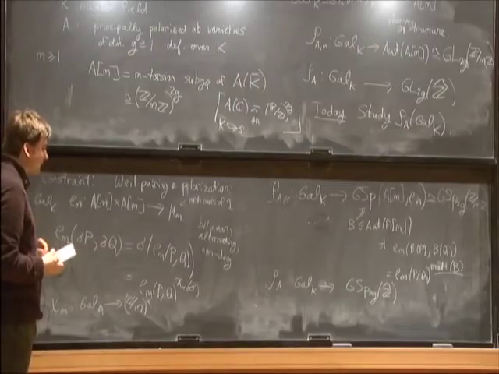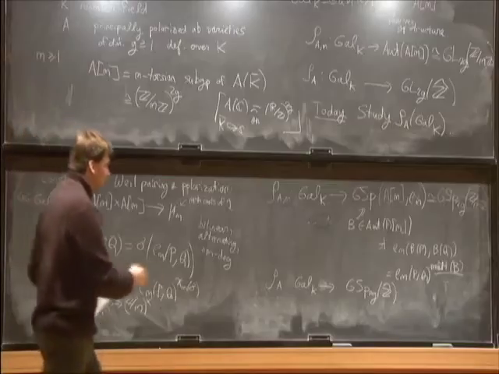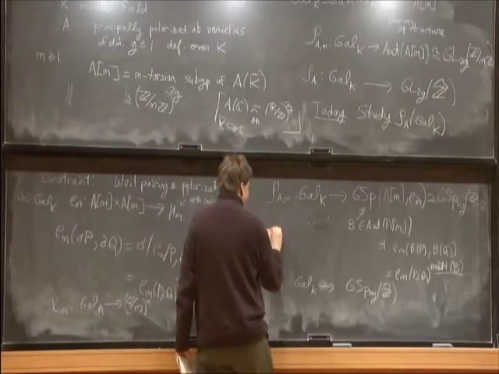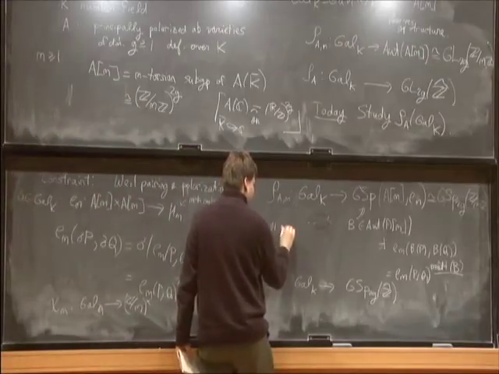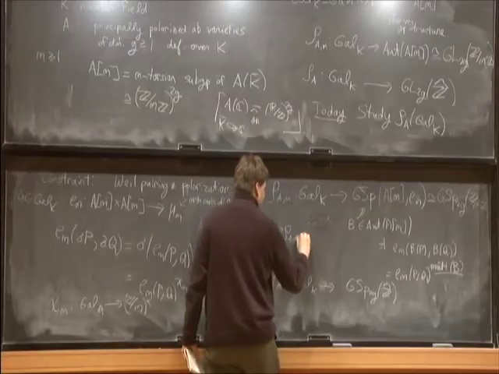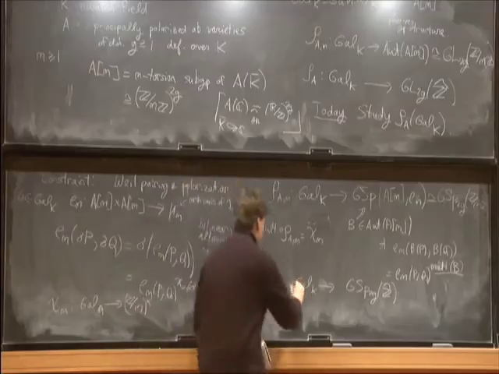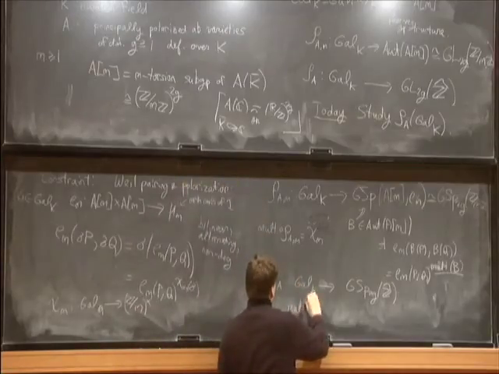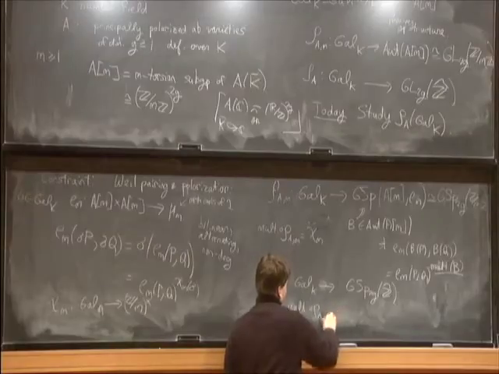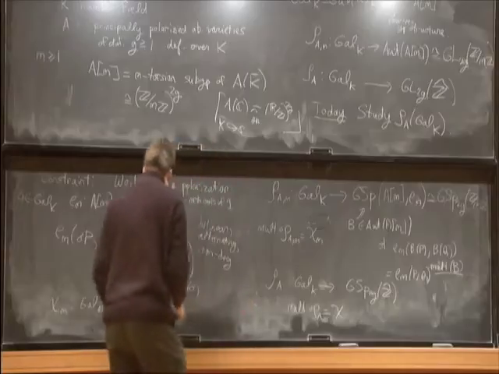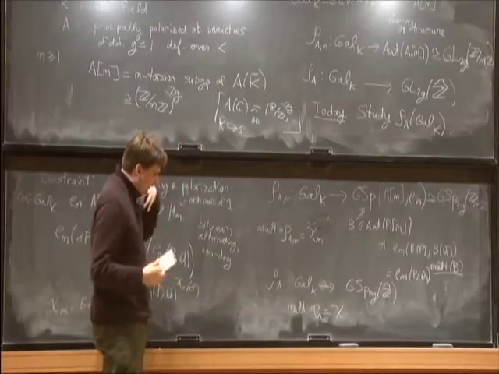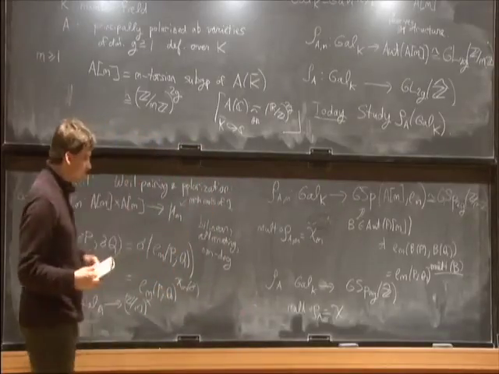Okay? And here we have the fact that the multiplicator composed with our representation is the cyclotomic character, and we have the same thing here. This is just the cyclotomic character, which is going to describe the Galois action on all the roots of unity.